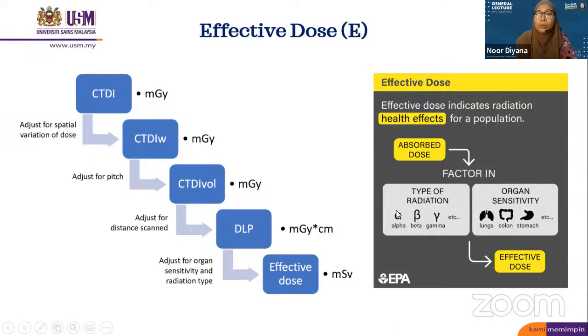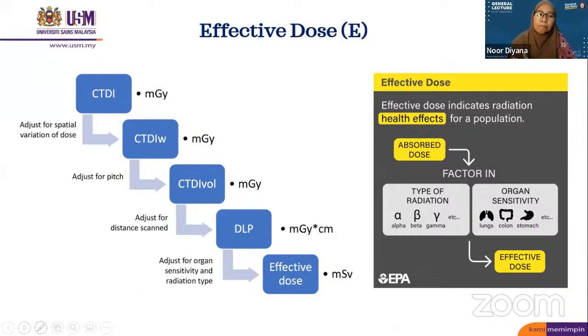Because we know different radiation types have different damage or different effects on cells and subjects. Alpha and beta are the most damaging because they are high energy ionizing radiation, and they also have high LET, linear energy transfer, as compared to gamma and X-ray.